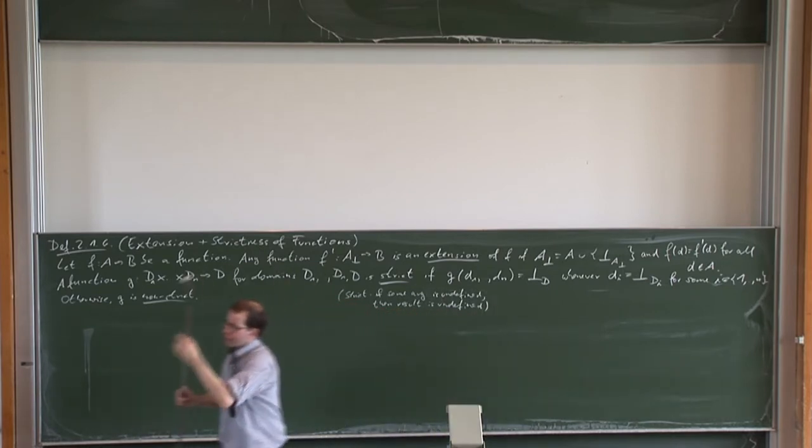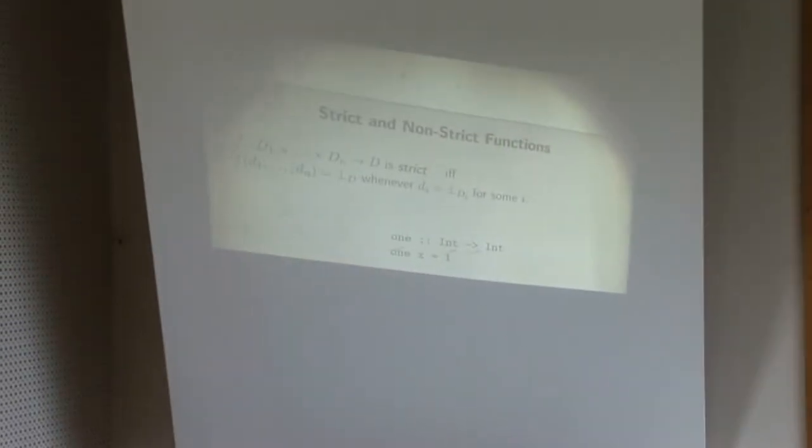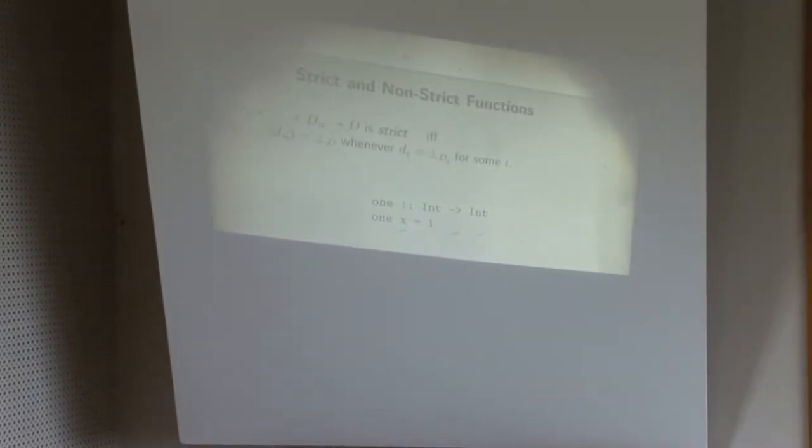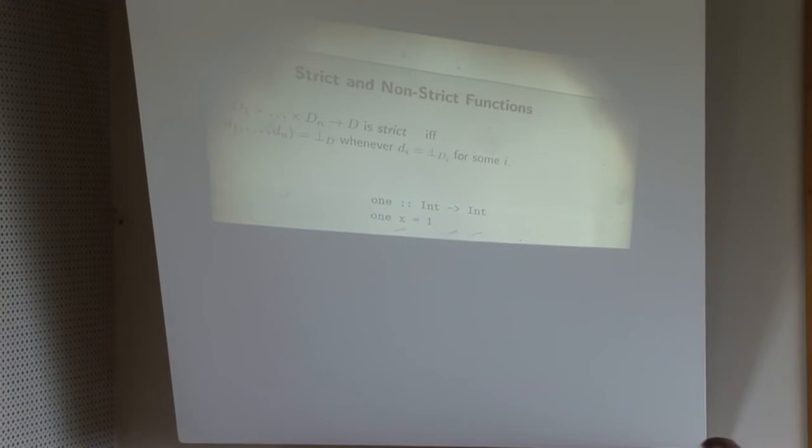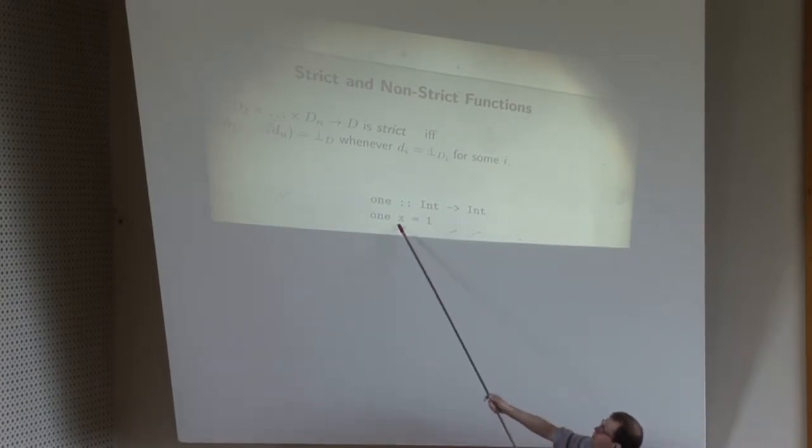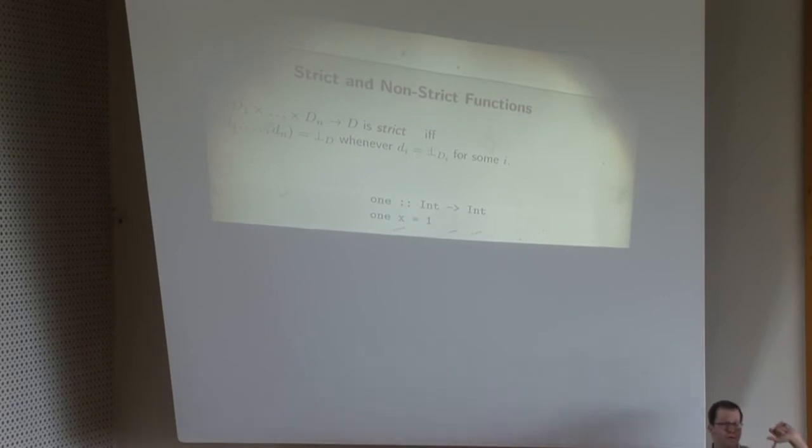Okay, let's look at an actual example, the following Haskell program. So this program maps integers to integers. It's called 1, and the reason is that it maps every integer to 1. So 1 of 0 is 1, 1 of 1 is 1, 1 of 2 is 1, 1 of 3 is 1, and so on.